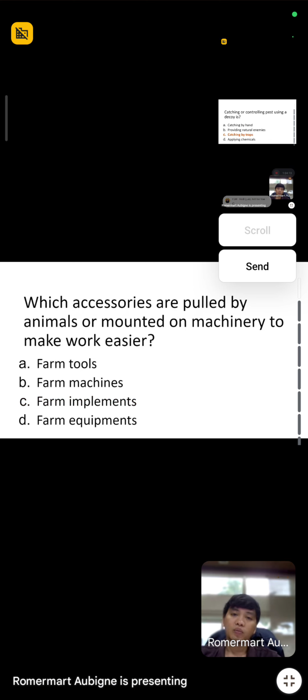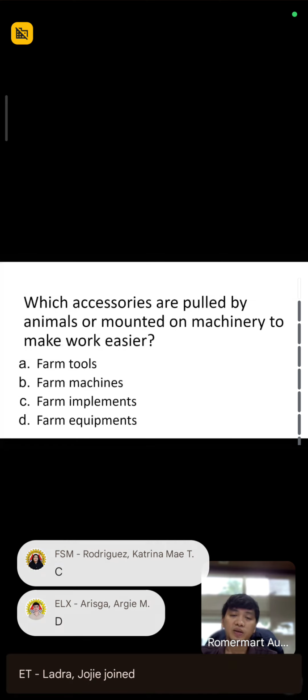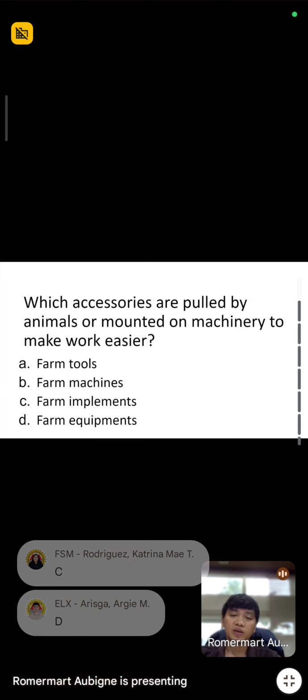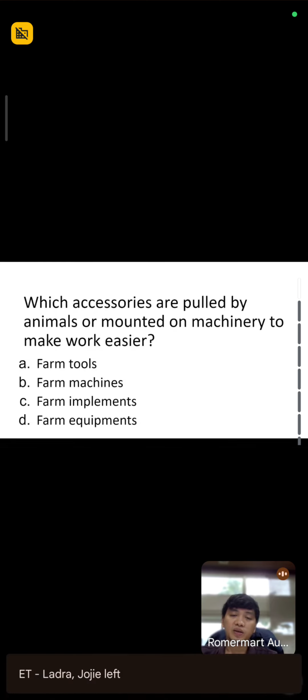Next, which of these are carried by animal or mounted on machinery to make work easier? A. Cranes.